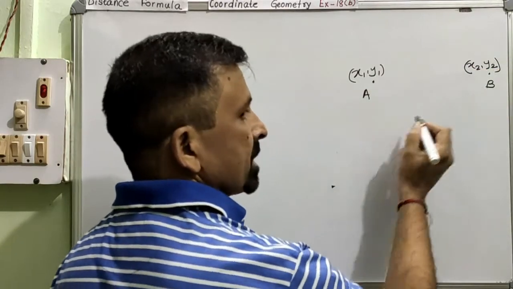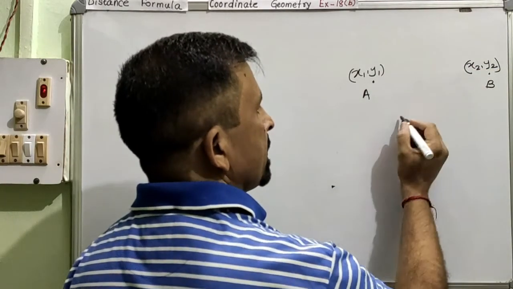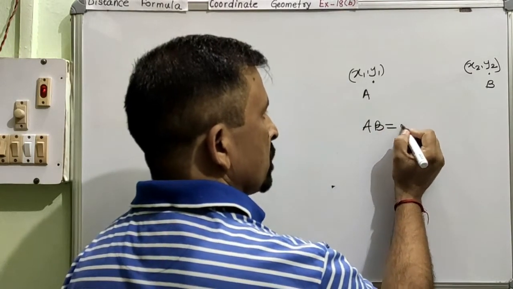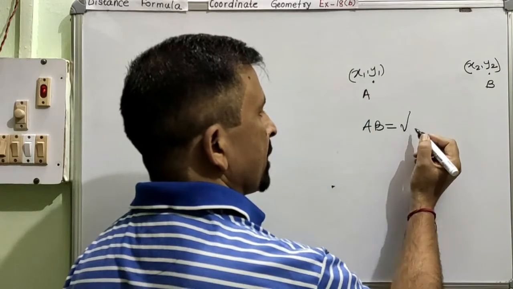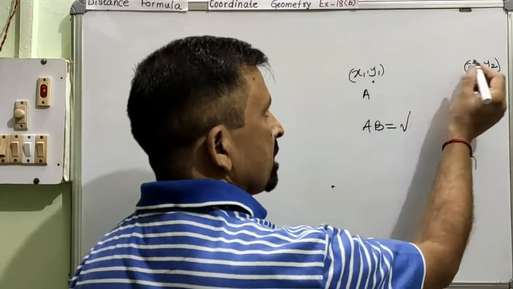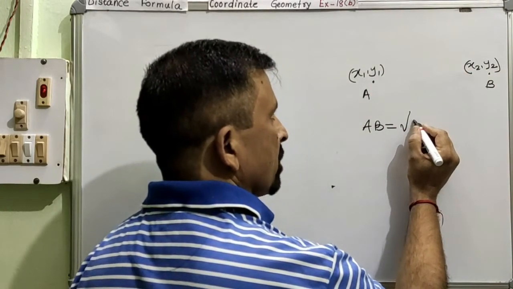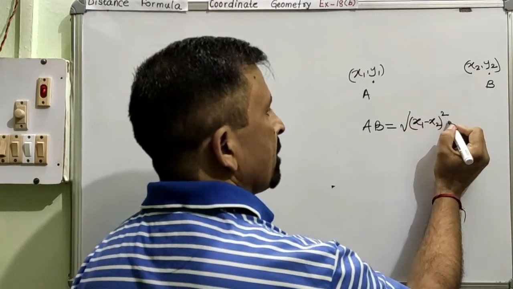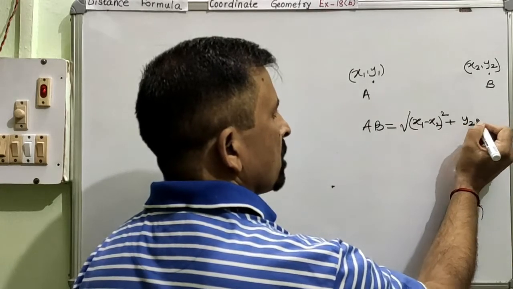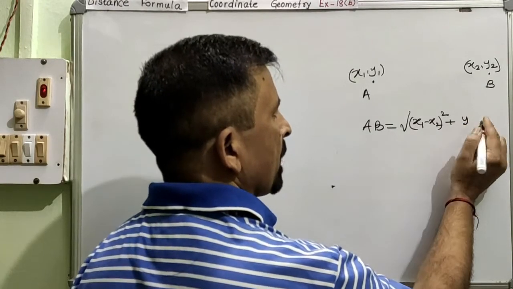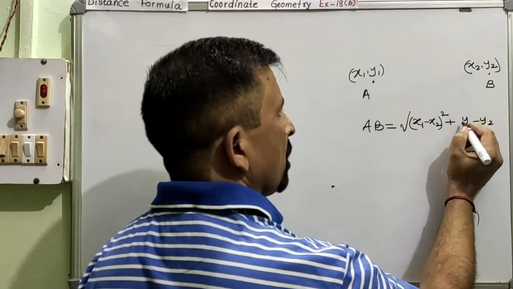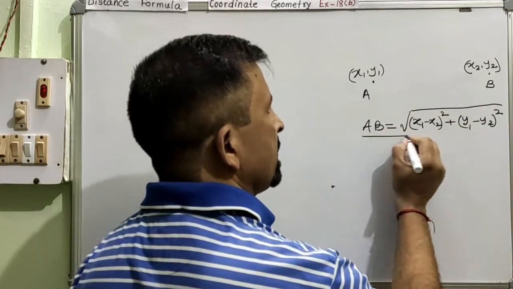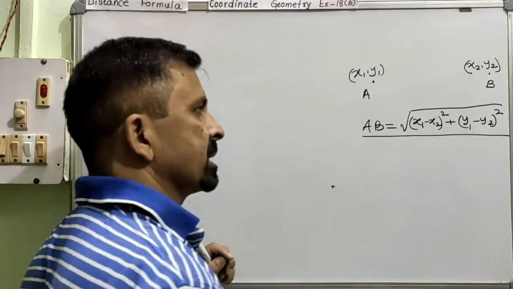Then the distance between A and B can be calculated by using the formula AB is equal to root over the square of the difference of the abscissa, so x1 minus x2 whole square plus y1 minus y2 whole square. This is the formula for finding the distance between the 2 points.